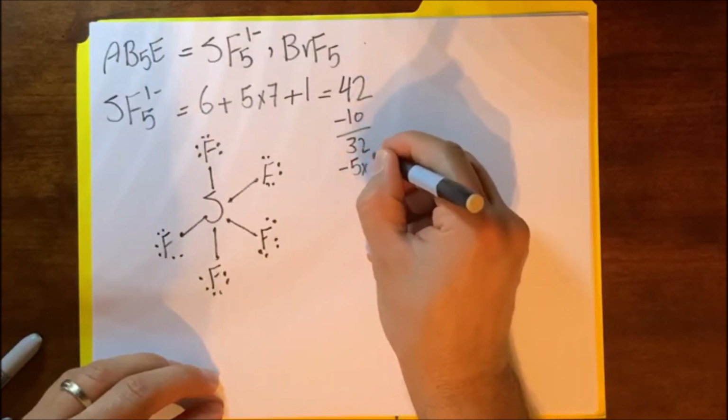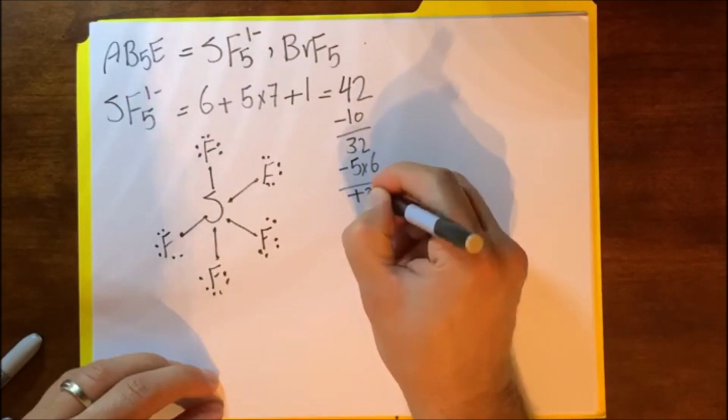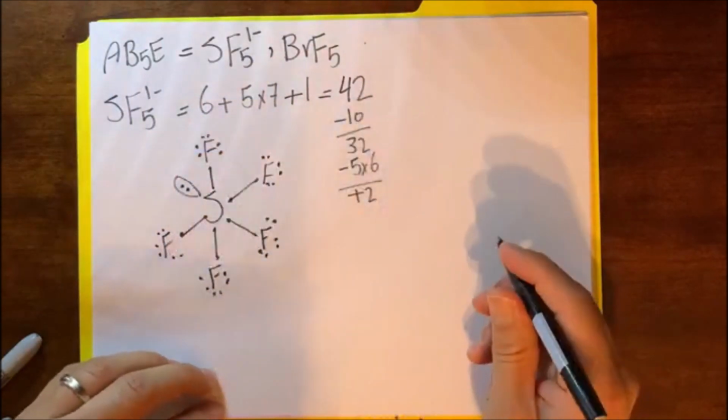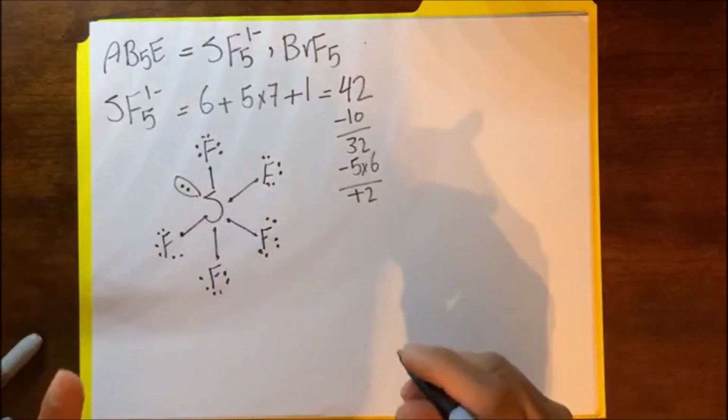Minus 5 multiplies 6, it will be plus 2. And you show them lone pair on sulfur. Okay, so now what did we get?